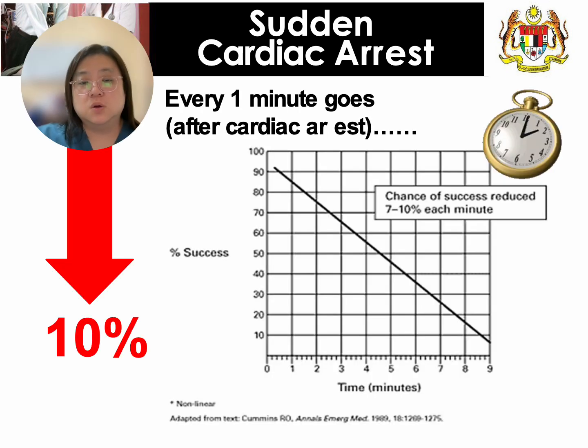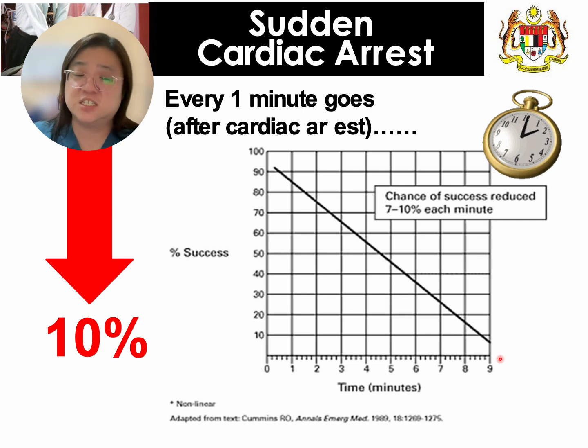Okay, so basically this graph is just telling you the percentage of success versus time. At 0 minute, the first minute, if you start CPR, the percentage of success is high. The longer time you take, the percentage of success reduces.